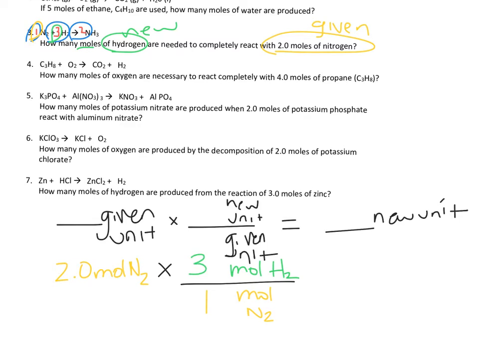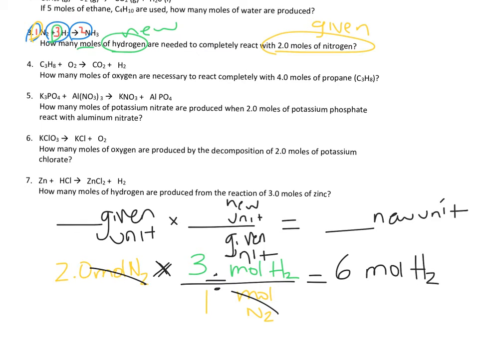Then we multiply by the top number and divide by the bottom number to get our final answer. 2 times 3 equals 6 moles of hydrogen, making sure that our moles of N2 cancel out. It's super important to put the unit and the substance in your conversion factors, because it's not just moles of anything, it's moles of nitrogen on the bottom and moles of hydrogen on top.